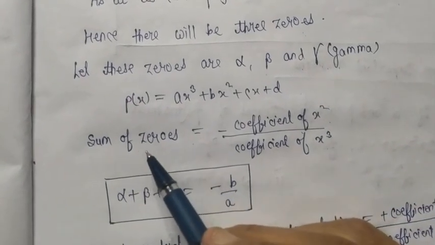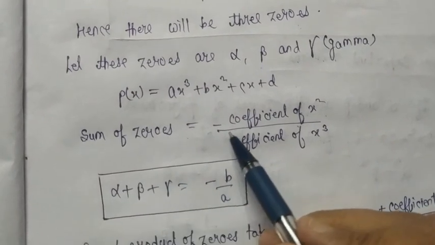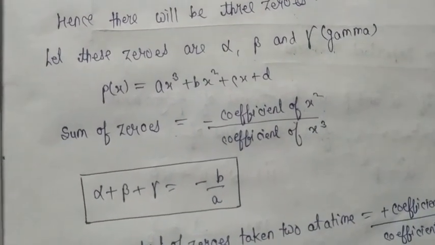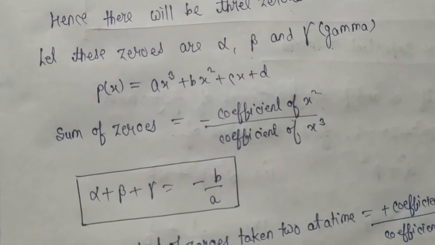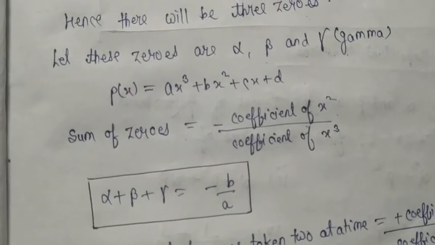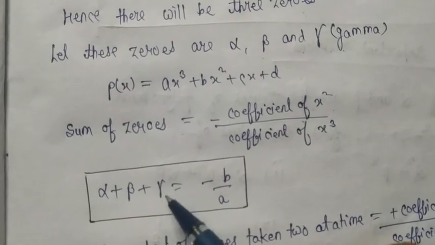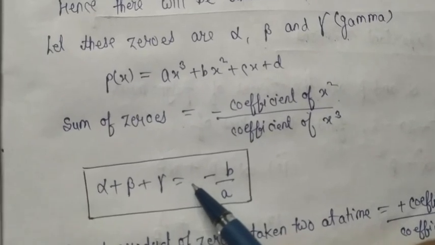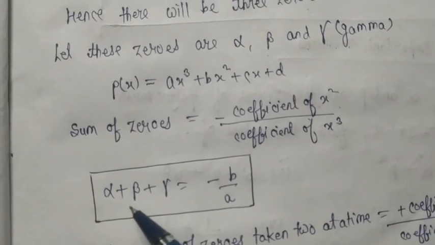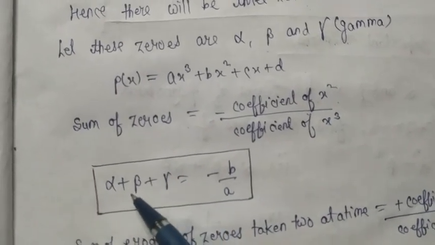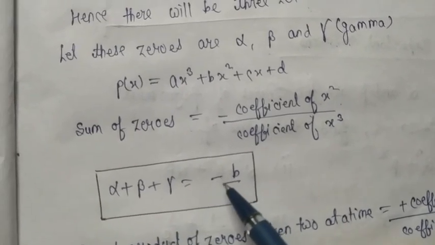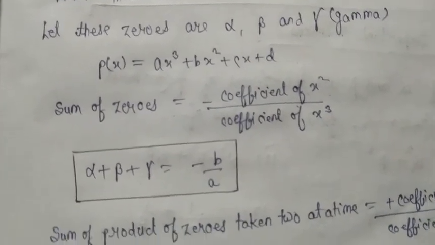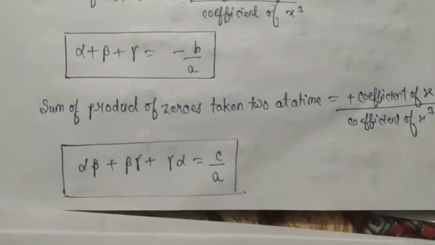Again I am repeating, sum of zeros is equal to minus coefficient of x square divided by coefficient of x cube. See, the sum of zeros can be written as alpha plus beta plus gamma, because 3 zeros are there, so there will be 3: alpha, beta and gamma, and their sum is equal to minus b by a.